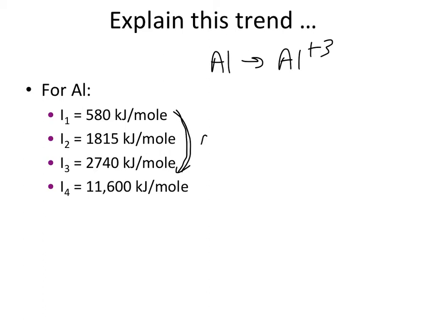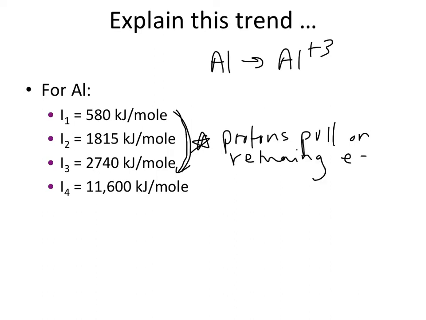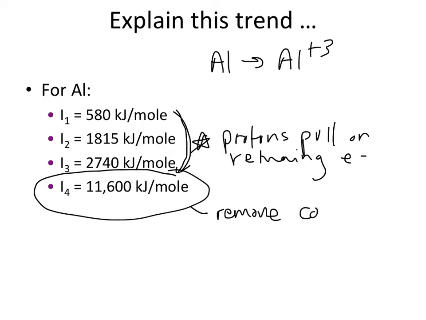Okay, so this is normal. We expect this because the protons pull on the remaining electrons. So this is logical. Now, this huge jump that we see here when we go to remove that fourth electron is caused because we are trying to remove core electrons.